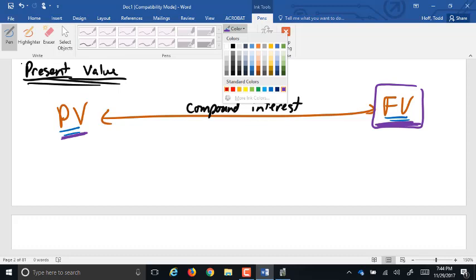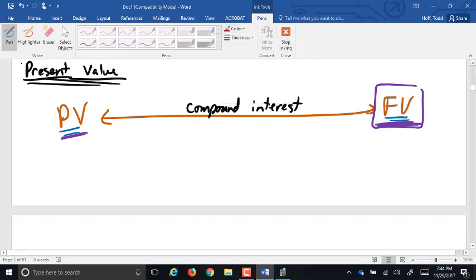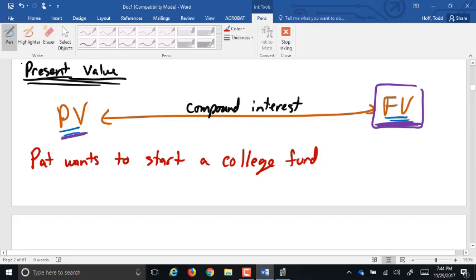For example, Pat wants to start a college account, a college fund for their newborn child.